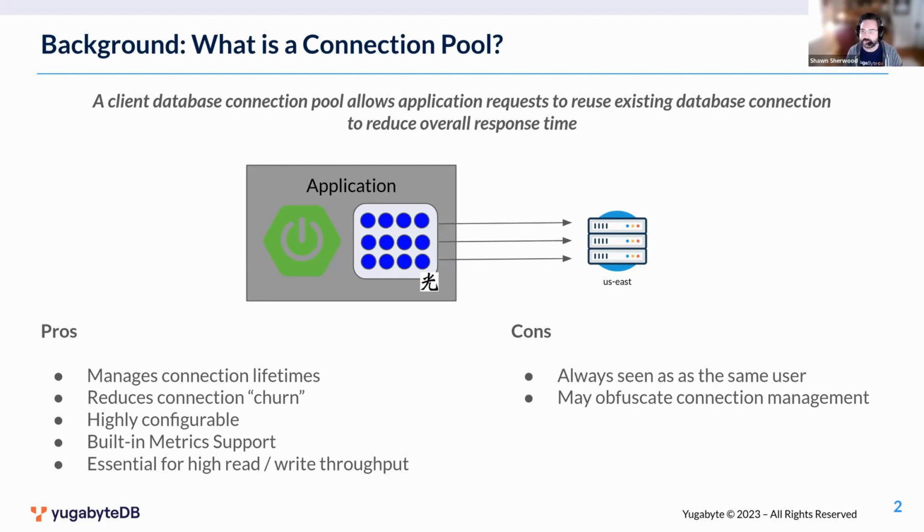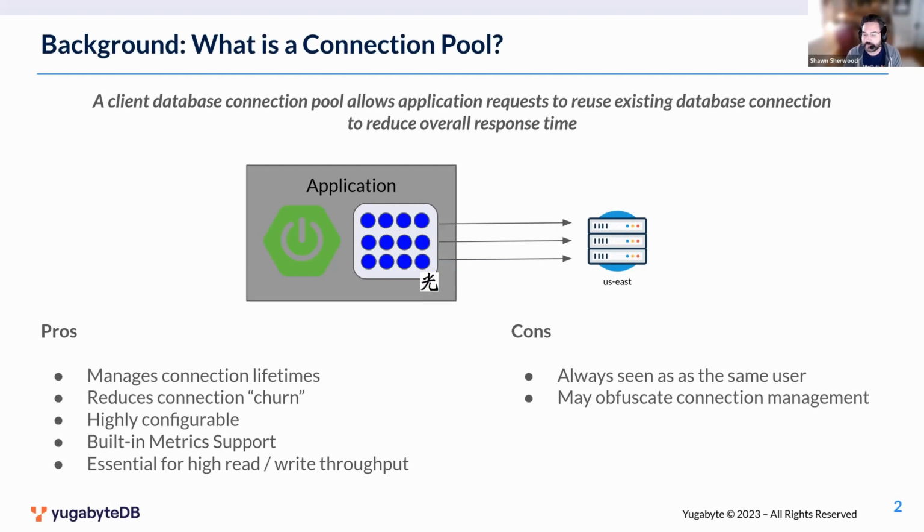There can be some cons. One, really since the early days of using connection pools, is that the database sees those connections as the same user. They look like a service account instead of the user that actually logged on. That's potentially one of the downsides.